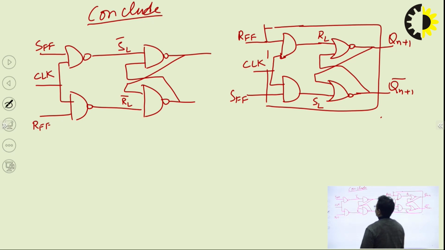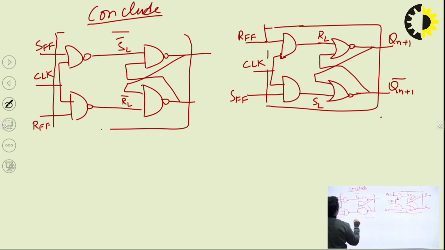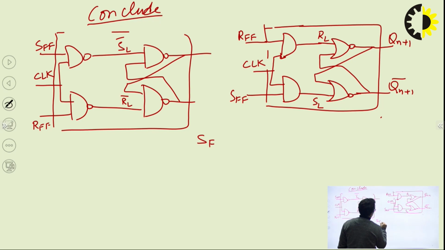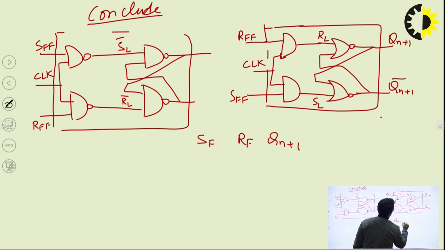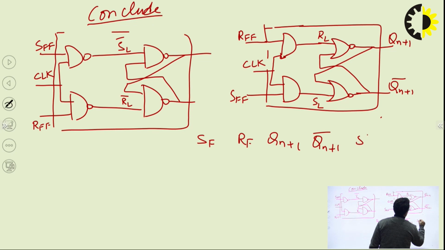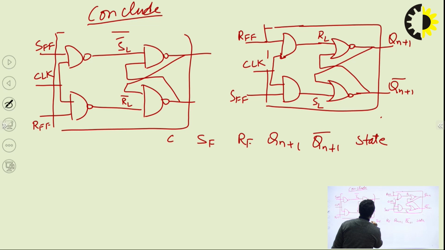So with both circuitries, we are getting the same truth table. That truth table has S flip-flop, R flip-flop terminals, Qn plus 1, Qn plus 1 complement, and similarly the state. Also we are having a clock. Whether we provide a clock or not is immaterial to that. The inputs are 0 0, 0 1, 1 0, and finally 1 1.